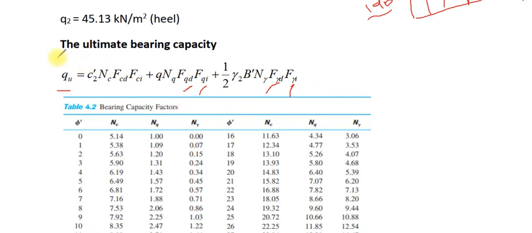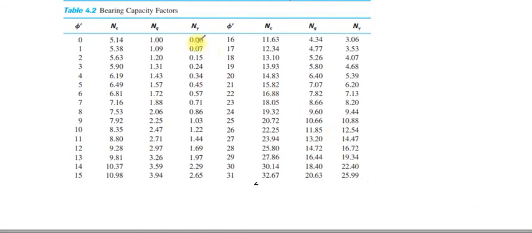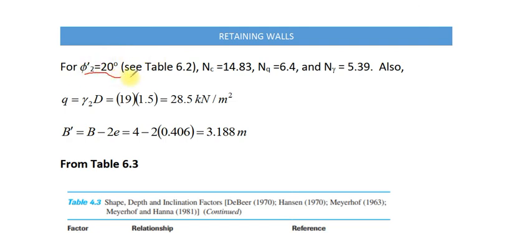To compute the ultimate bearing capacity, we have phi equal to 20. From this table, for phi equal to 20, we get N_c equal to 14, and N_q and N_gamma. The numbers in this table are as in the book that we used; these tables differ according to the book edition.